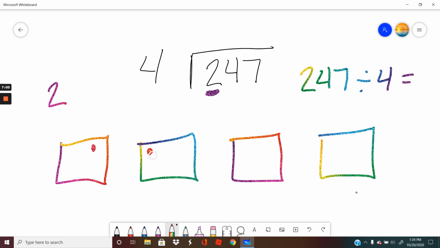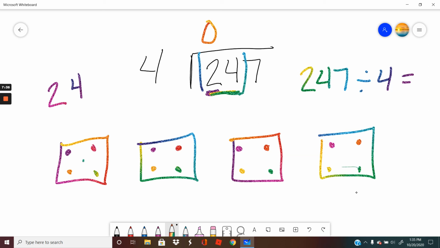So 24 divided by 4 gives us 6 things in each box. Then our last number that we have to work with is our 7. I have 7 things, and I need to split them into 4 boxes. 1, 2, 3, 4, 5, 6, 7.